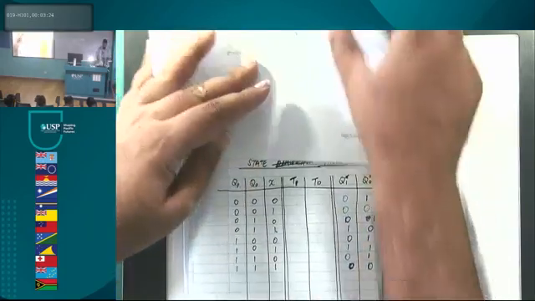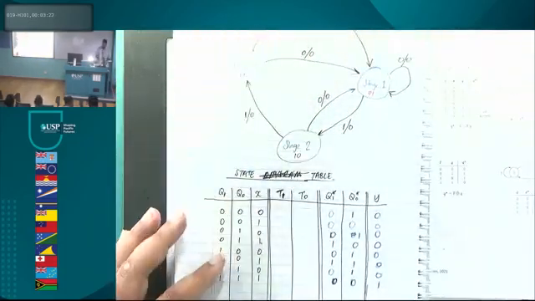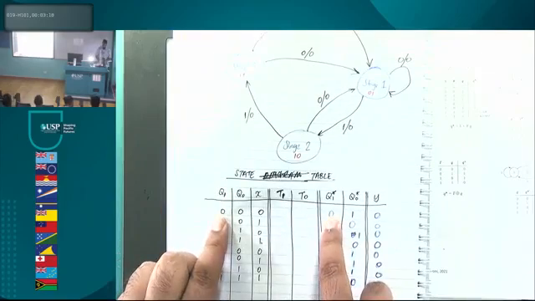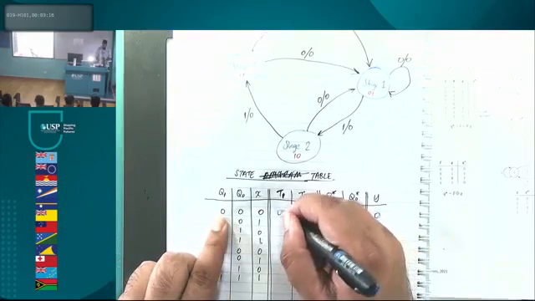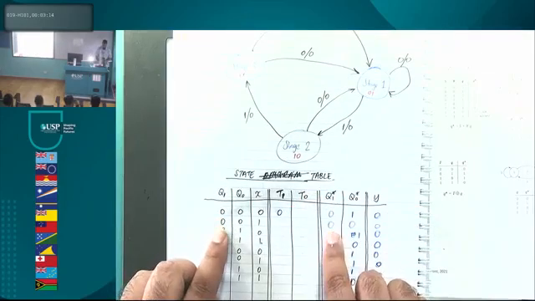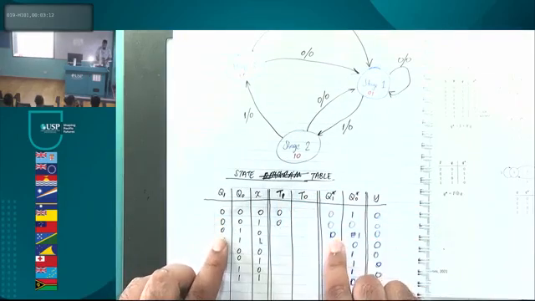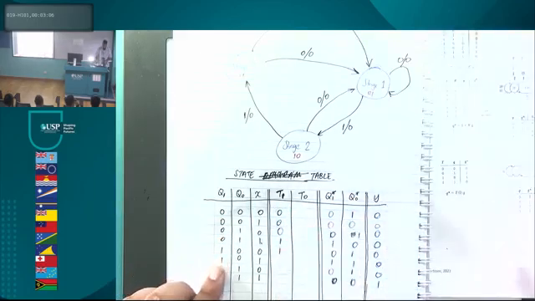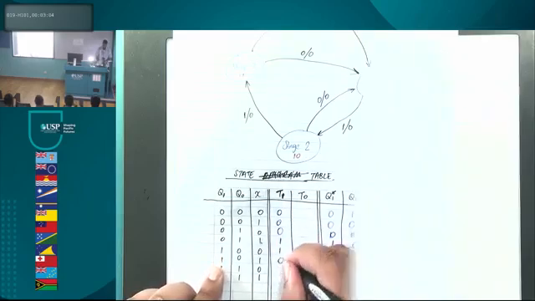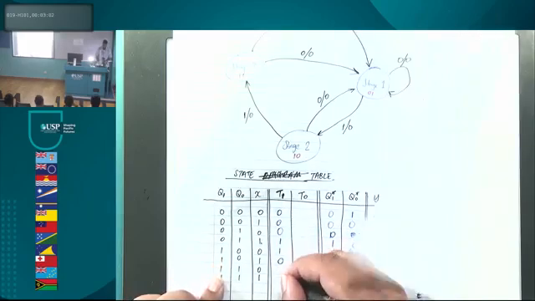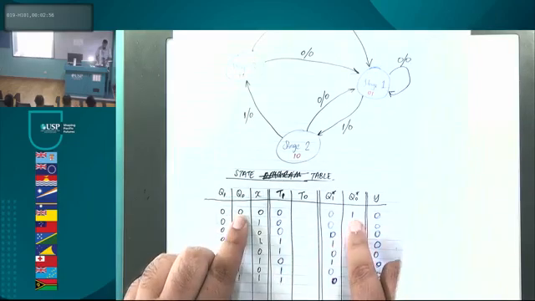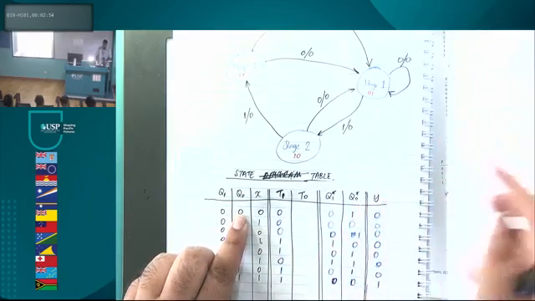Okay, now. Right, let's go. Let's do this. 0, 0 will give you 0. 0, 1 is 1. 1, 0 is 1. Let's move to the second one. 0, 1.